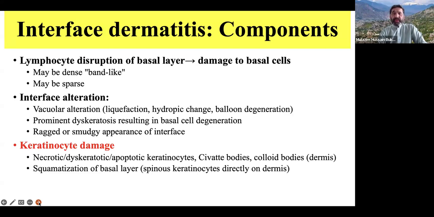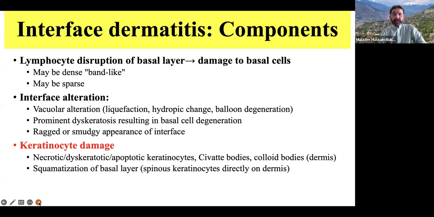As I told you, what is important in interface dermatitis is, number one, the presence of lymphocytes that may be band-like. When it is band-like, it is called lichenoid. Maybe sparse; when it is sparse, it is called vacuolar.